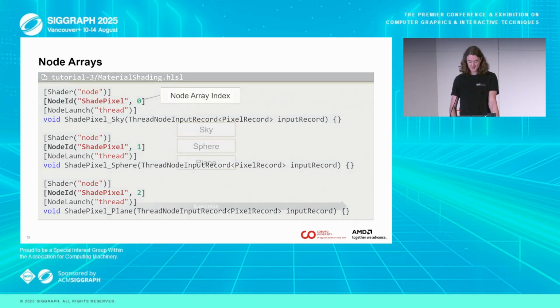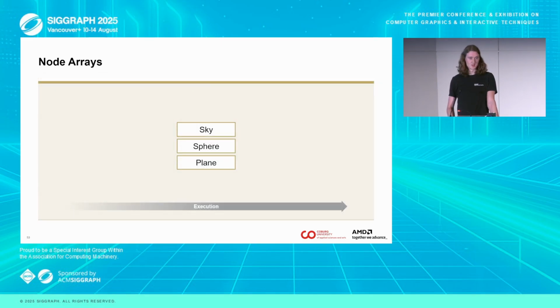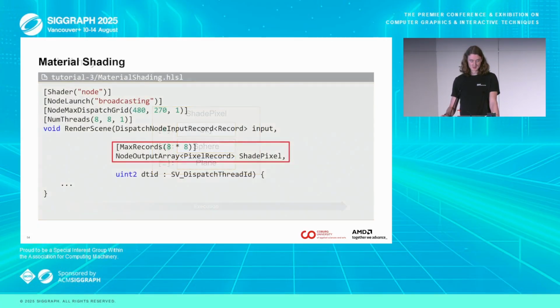And what that will do is we had our 3 different materials before. That'll combine them into one larger shade pixel node array. And then the nice thing is if we go back to the producer side of things, we don't actually have to declare each and every one of those lines. We can just declare, oh, we're outputting now to a node array.